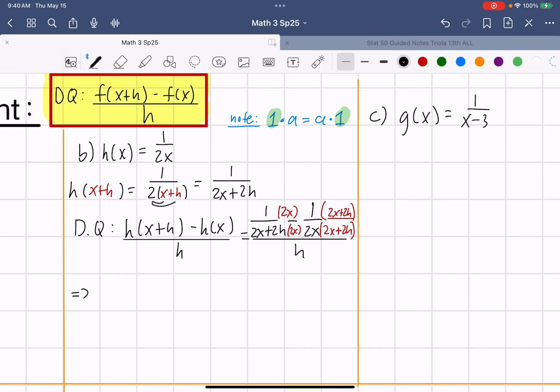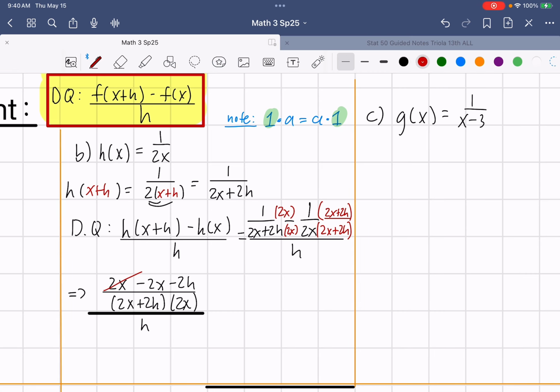That's going to give me 2x minus 2x minus 2h all over 2x plus 2h times 2x. And this is, I'm going to put it big bold, this is my original fraction over h. Now in the numerator of the numerator, those two 2x's can cancel out.